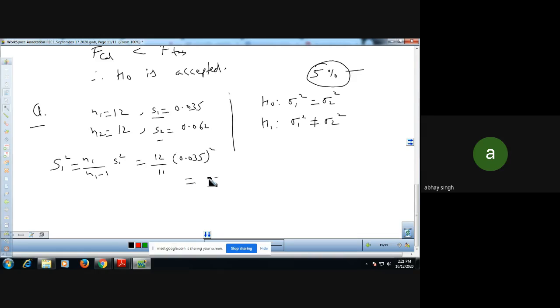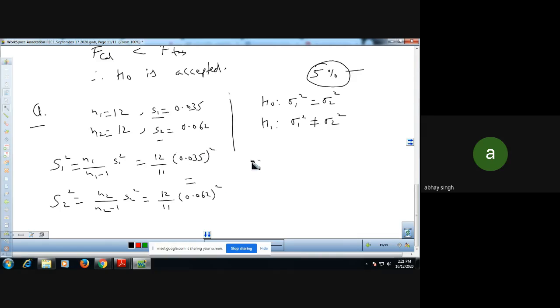So by this formula, we will be able to find out the value. Similarly, S2 square is n2 over n2 minus 1, S2 square, so 12 upon 11, it is 0.062 whole square.